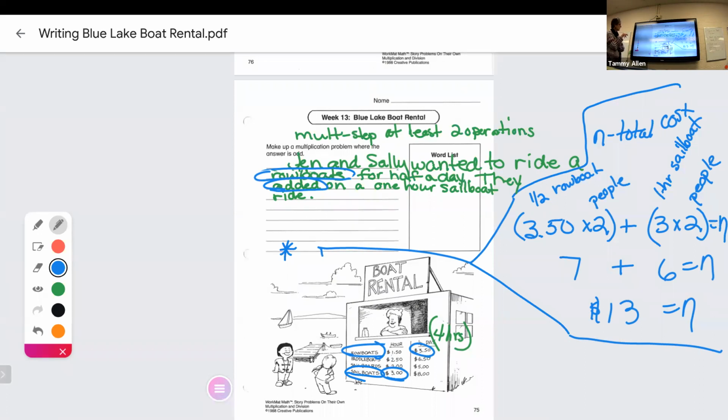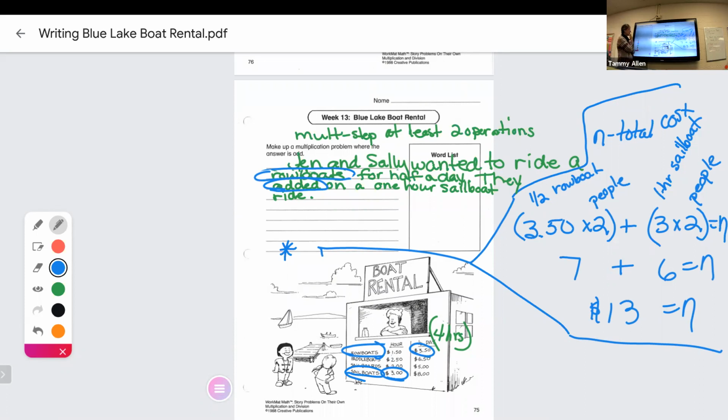So in our question, we need to say if each person had to pay for their rides or had to rent. Or could we say, Jen wanted to pay for it and how much would it pay for it?